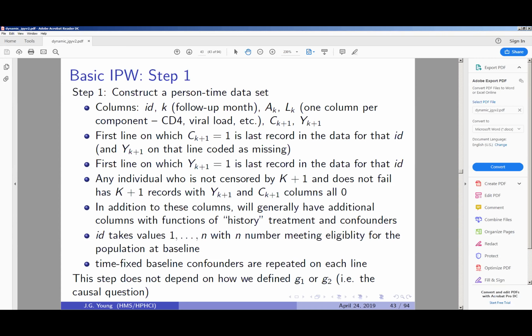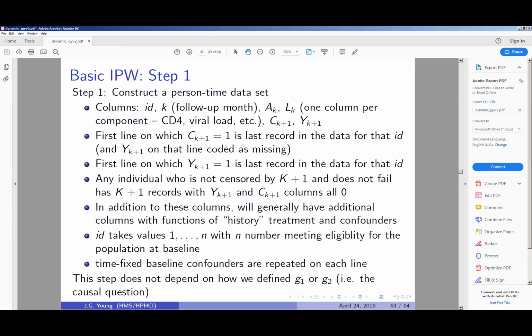So every individual ID is going to have at least one record, but they might have fewer than 60 records depending on if they were ever censored or failed. And also in this data set, we're going to include time-fixed baseline confounders as their own columns, but the values will be repeated on each line for that ID.